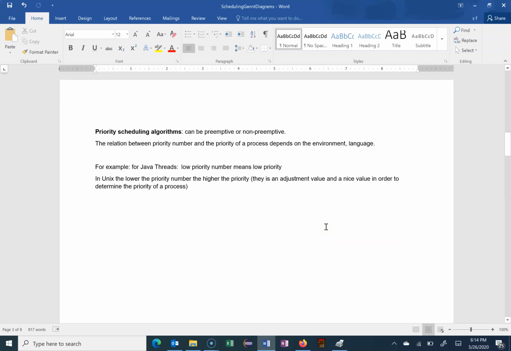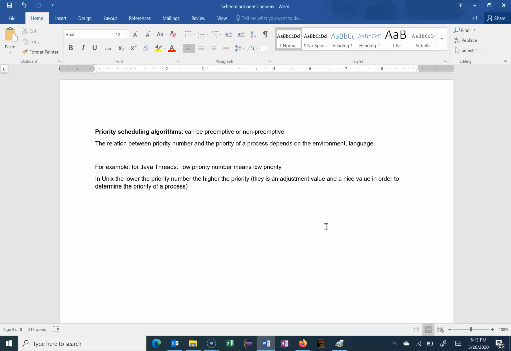Priority scheduling algorithms can be preemptive or non-preemptive. And sometimes we need to know the relation between the priority number and the priority of a process. That depends on the environment or the programming language that is used. For example, when it comes to Java threads, a low priority number means low priority.